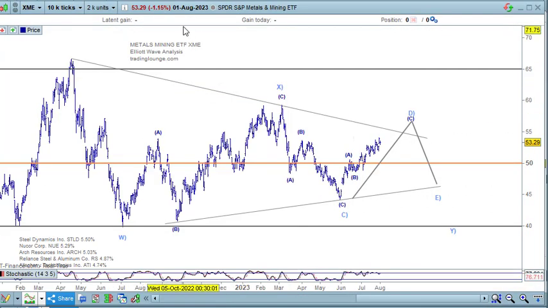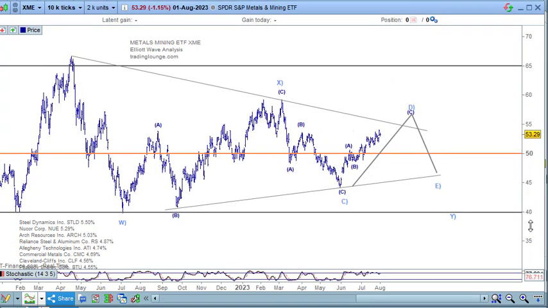So this is the metals and mining thing here. We keep a bit of an eye on this, and there's 2 ways to count this. First of all, from this low here, we've got a corrective pattern. I suppose we could look at it as wave 1 and 2 and 1 and 2 over here, but it's probably not the right way to look at it, but it's possible.